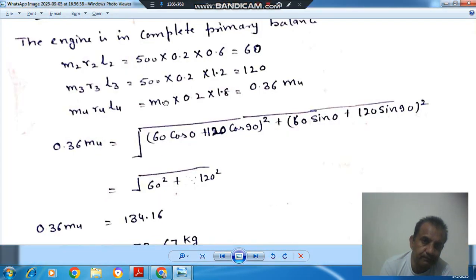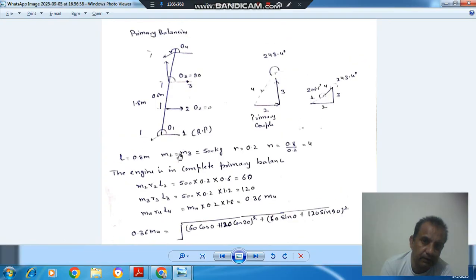So here, this is your primary balancing diagram. This is first crank, this is second crank, this is third crank, this is fourth crank. As the angle between second and third intermediate crank is 90 degrees, 2 is at 0 degree and 3 will be at 90 degrees. And the masses of each of 2 and 3 are the same, 500 kg.